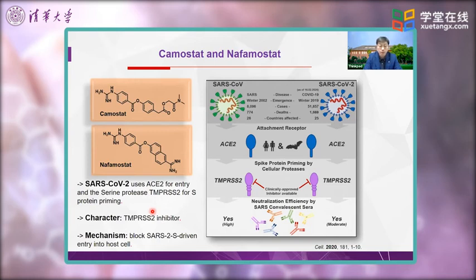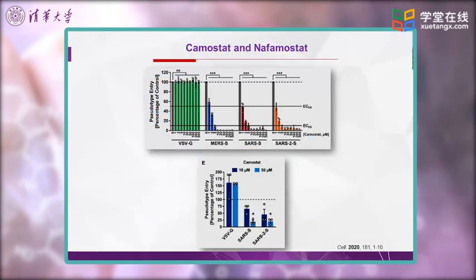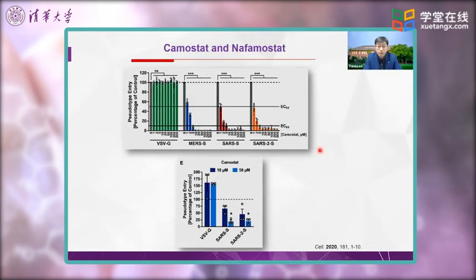As a result, they can block coronavirus spike protein-driven entry into the host cell. On this slide, we can see a figure showing that camostat can inhibit the coronavirus entry.